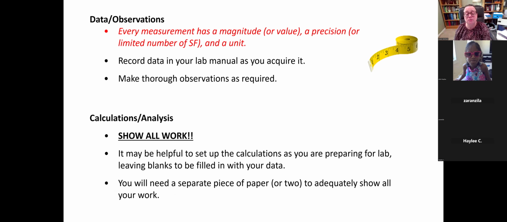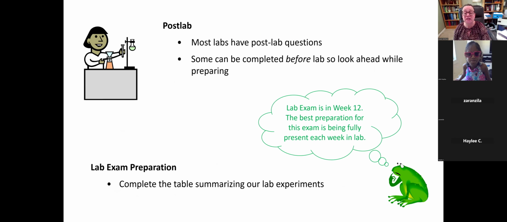You might want a separate piece of paper to show all your work thoroughly and in an organized fashion, because that's a lot of what the lab report is about. It's about communicating what you're doing, showing how you went from the data to this result. It's not about getting the result. It's about showing how you got from the beginning to the end. That is a big component, and that's usually where the bulk of the points are.